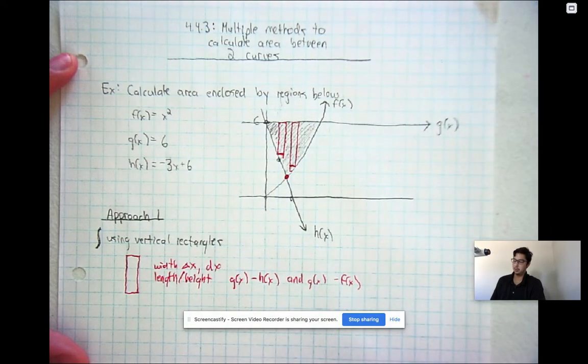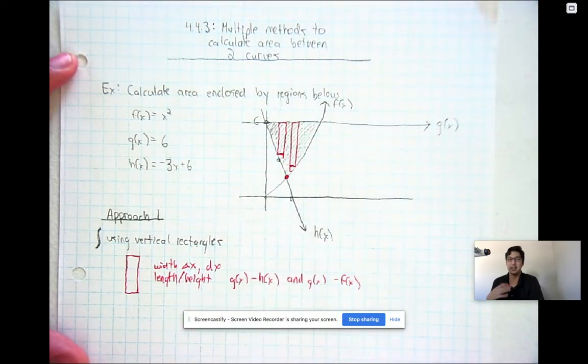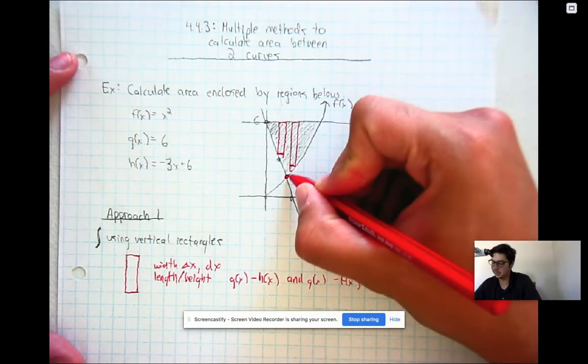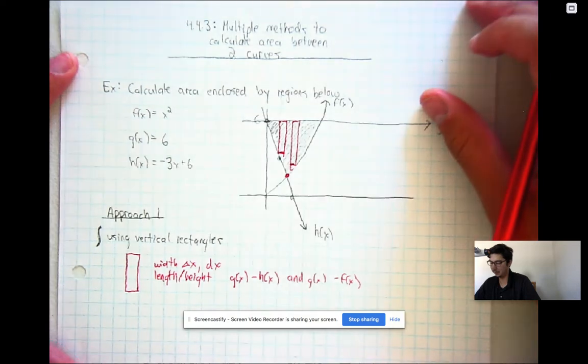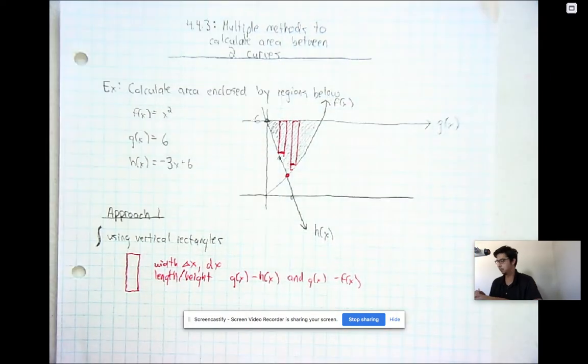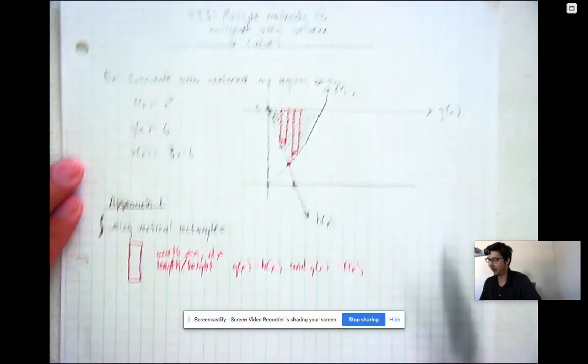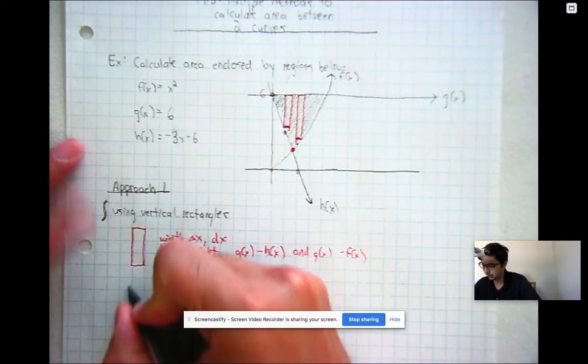So the height is calculated using a different set of functions. We can't just use the same set of functions for all of it, because it changes once you get to that intersection point. So if we do it with approach one, we're going to find infinitely many rectangles here, and again, we can write infinitely many rectangles with the integral.